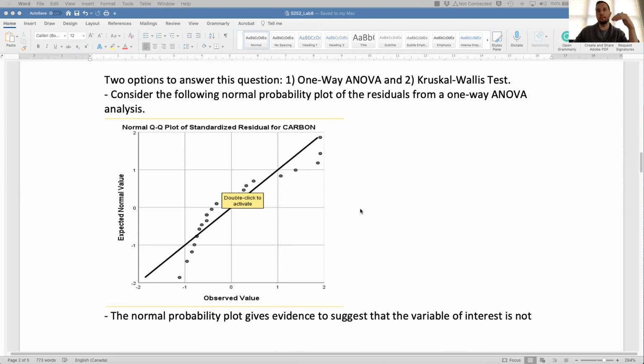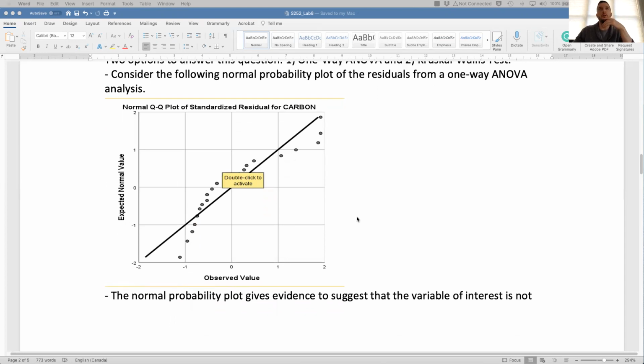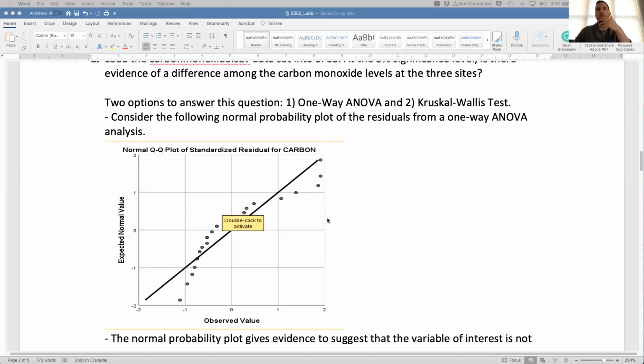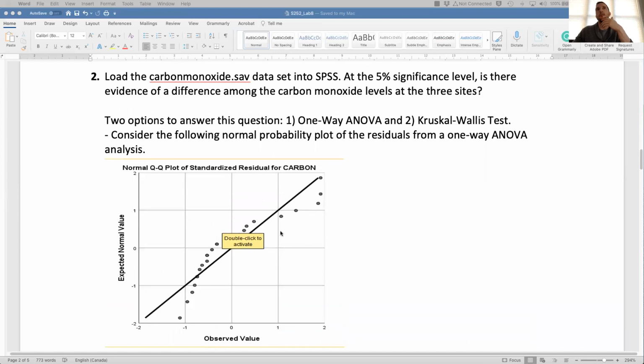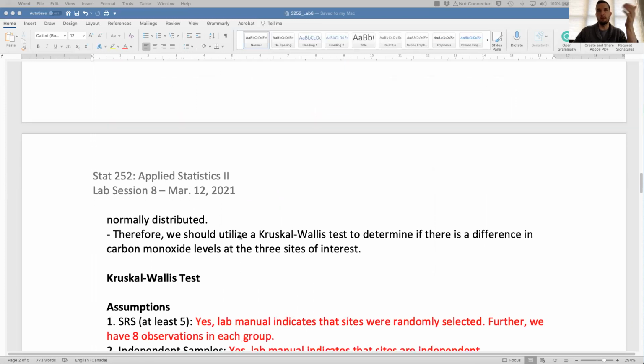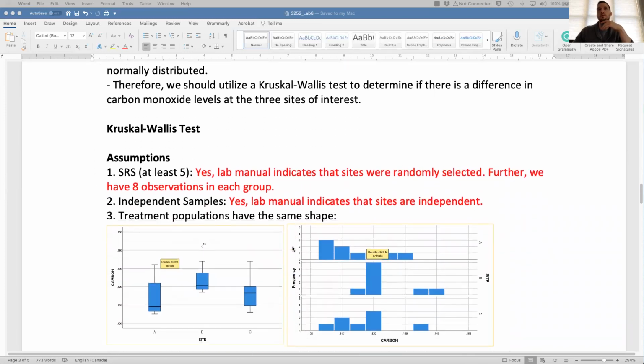You can just work through the assumptions and the hypothesis test like you usually do for these types of questions. But I wanted to give a little bit of insight into how we would choose between them and the rationale for why we would choose between them. And you can see, for example, here in question 2, we have the QQ plot of the residuals for the one-way ANOVA experiment, but this is clearly non-normal. So the Kruskal-Wallis would be a natural choice for us to investigate differences among the population medians.